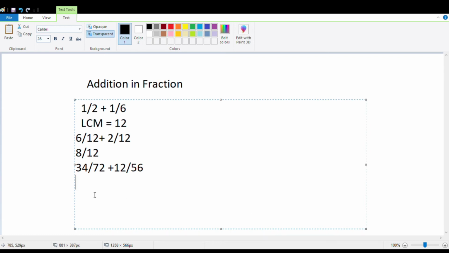So now we must find the LCM of both of them. Since they are both in the 2 table, 8 table and 4 table, it's pretty easy to find out. So what is the LCM?